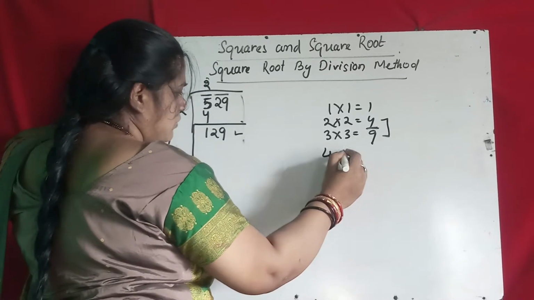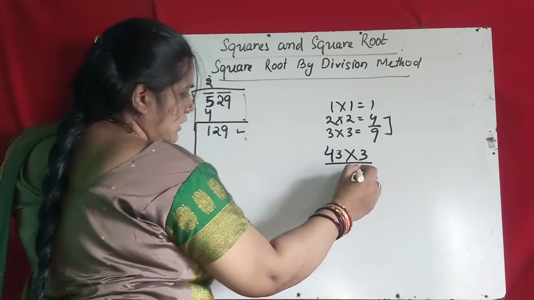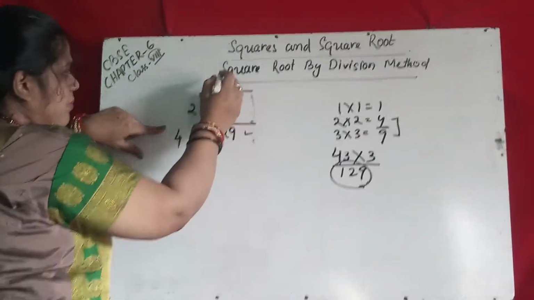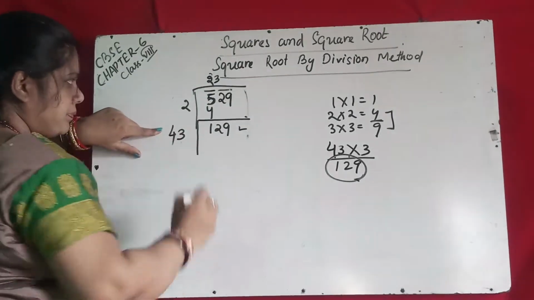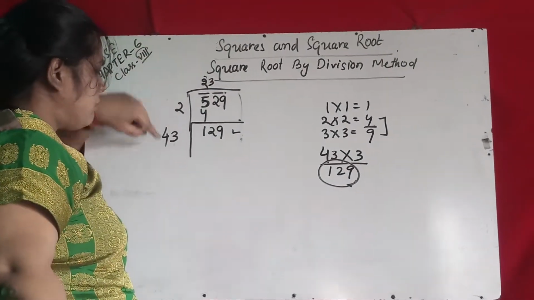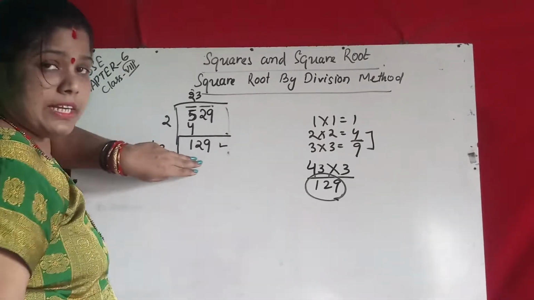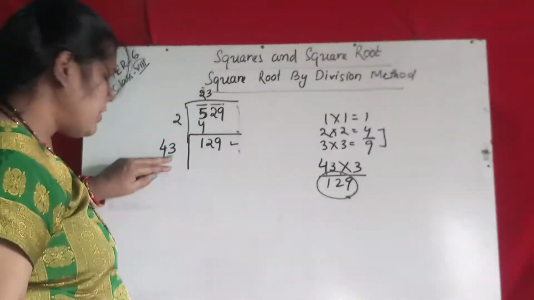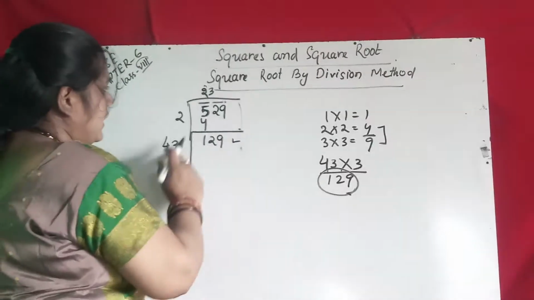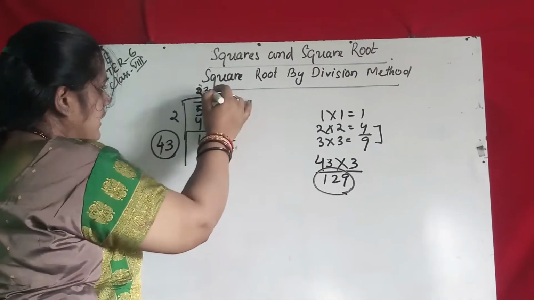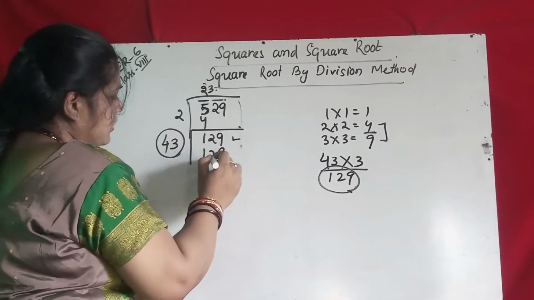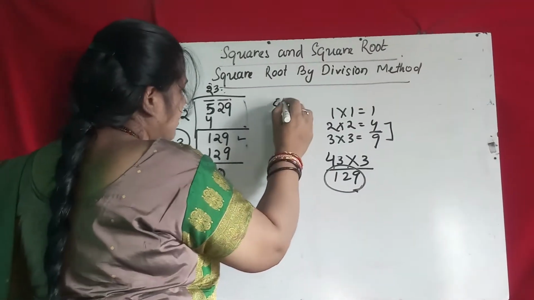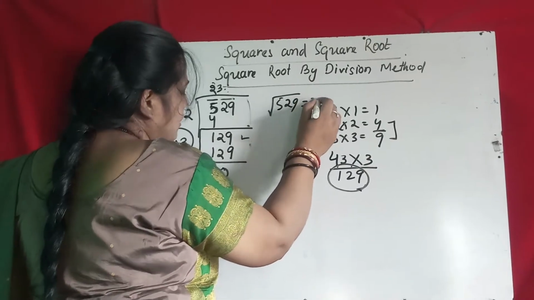Suppose I put 3: 43 times 3, 3 times 3 is 9, 3 times 4 is 12, giving 129. The same digit 3 goes in the quotient. So 43 is also the new divisor. Multiplying 43 by 3 gives 129, and the remainder is 0. The square root of 529 is 23.